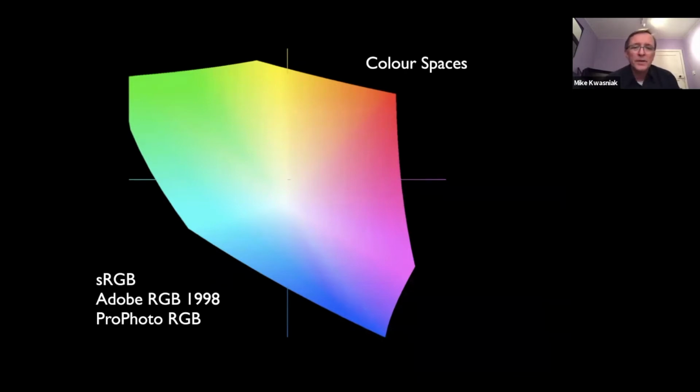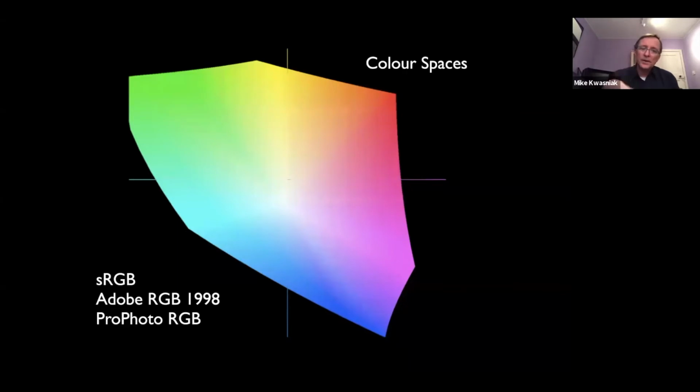So it makes sense for me to save images in that color space rather than sRGB. Most high street labs like Boots still insist on using sRGB. So you're a bit stuffed if you don't do your own printing.